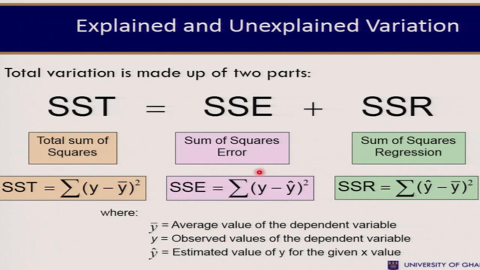SSE is given as summation of y minus y cap all squared. And then SSR is given as summation of y cap minus y bar all squared, where y bar is the average of the dependent variable, y is the observed values, and then y cap is the estimate of y given the x values.